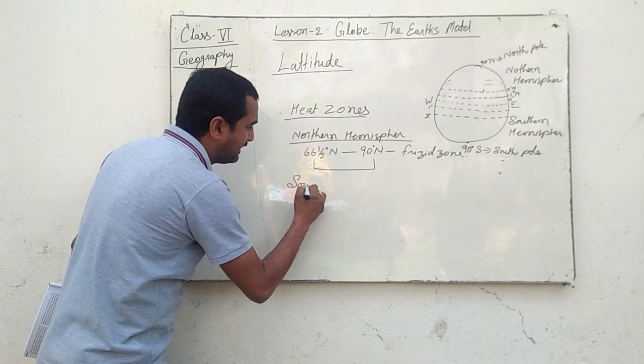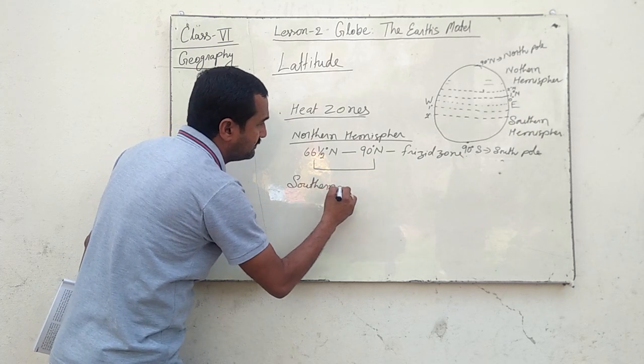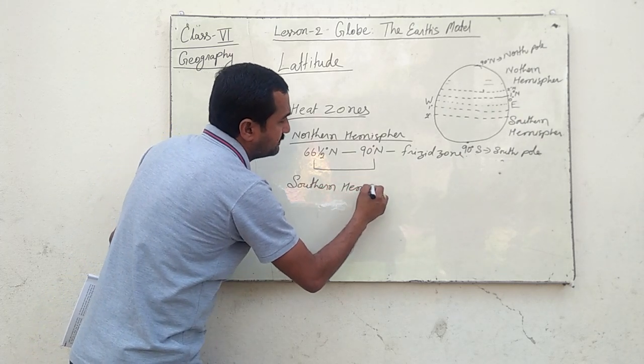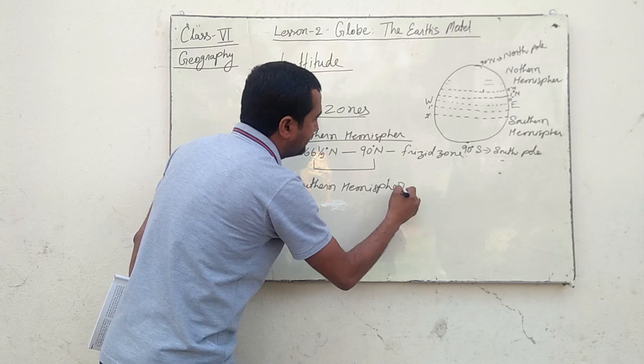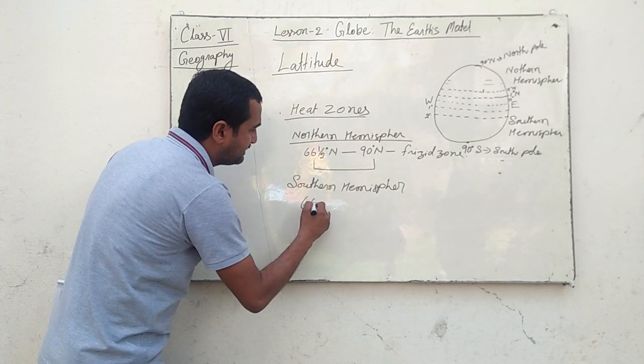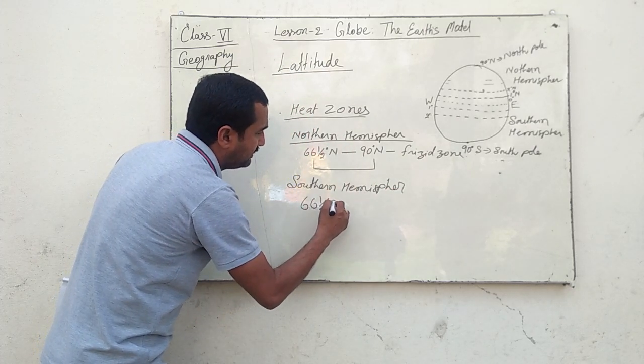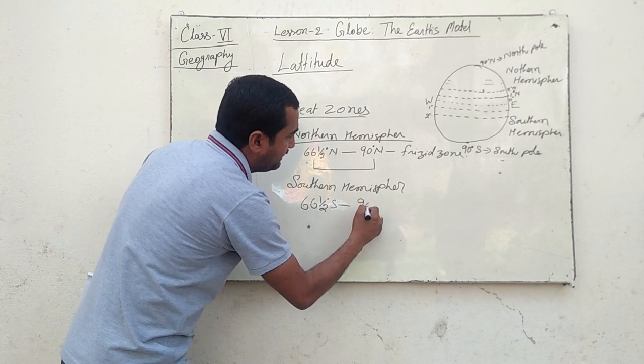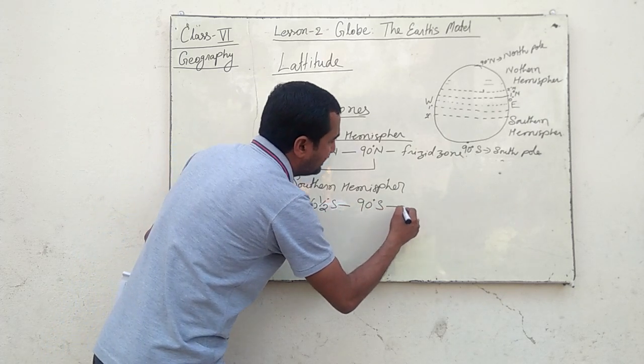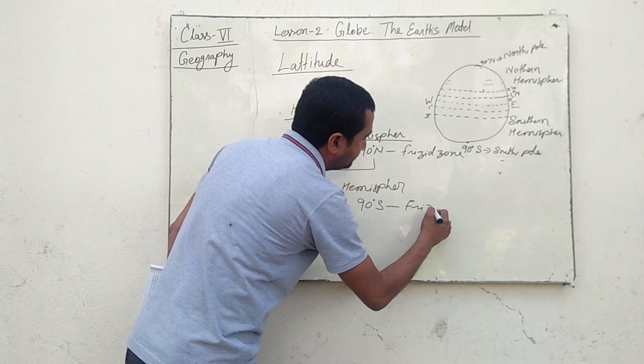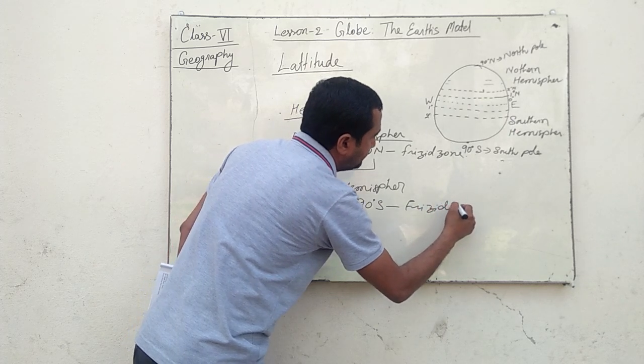Similarly, in the southern hemisphere, again 66.5 degree south to 90 degrees south is called frigid zone.